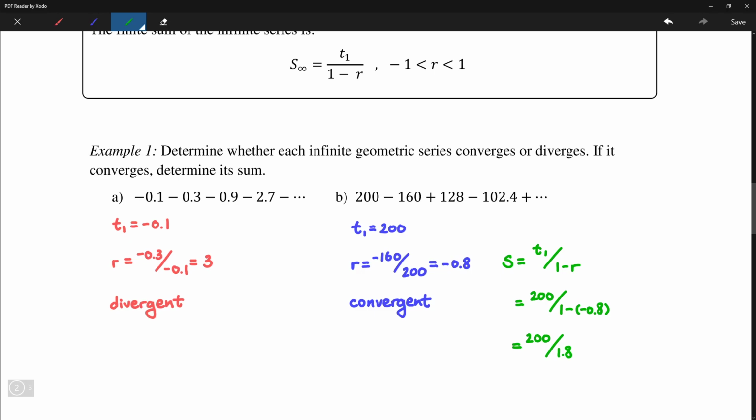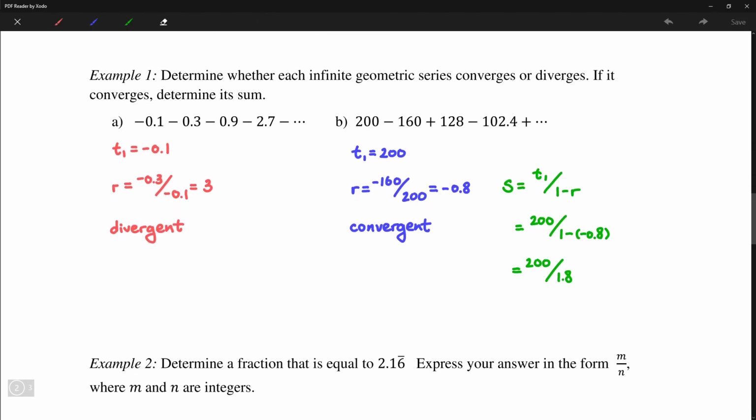Okay, of course we can either use a calculator for this, or in this case it's simple enough that we can just use fractions. So this would be 200 divided by 18 over 10. That's what 1.8 is. And of course, we can rewrite that as 200 times 10, all divided by 18, which is the same as 2,000 over 18.